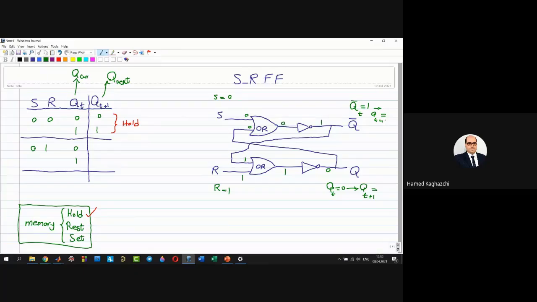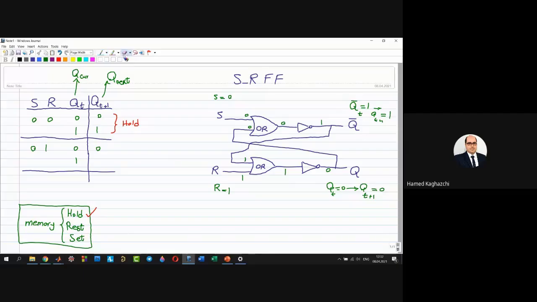The Qt plus 1 will be 1. This 1 again comes here, 1, 1, 1, 0. Qt plus 1 will be 0. It means that if Qt is 0, the Qt plus 1 will be 0.